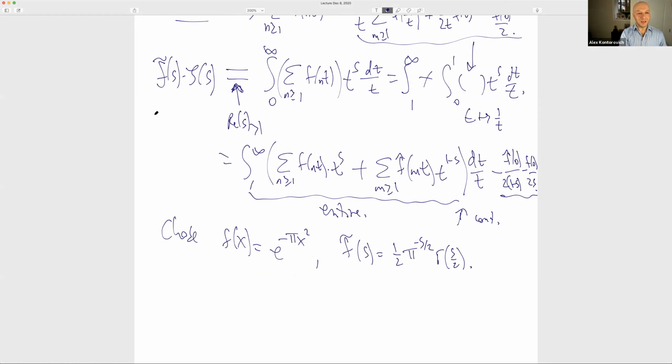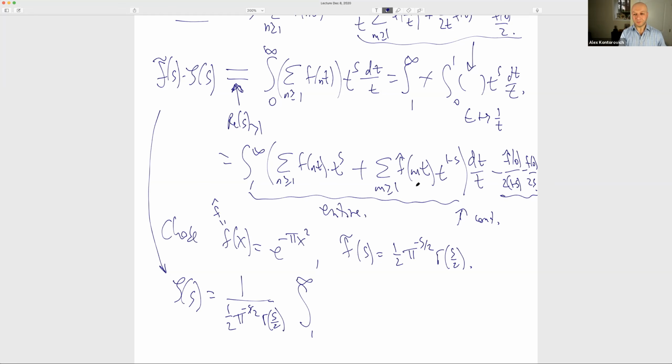And so what does that mean? That means zeta of s, if I divide by f tilde, is a half pi to the minus s over 2. Of course, I could have put that in the denominator. Gamma of s over 2 times this integral. And this is an integral from 1 to infinity. We put in the theta function, which is its own Fourier transform.